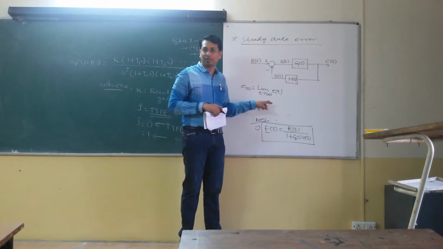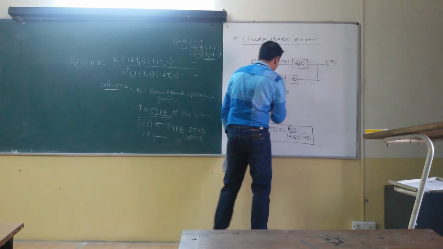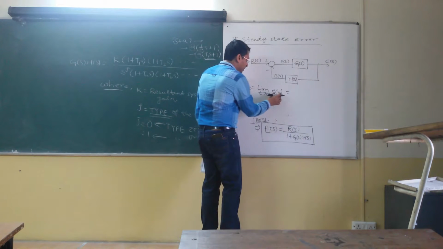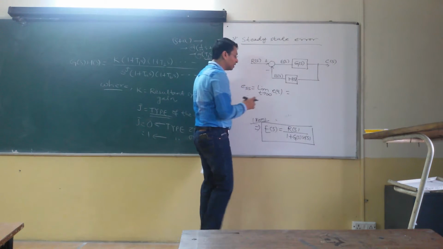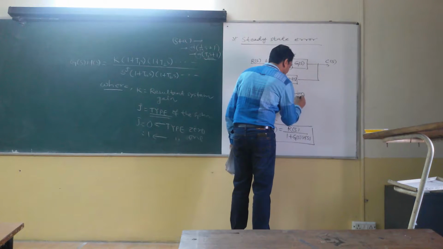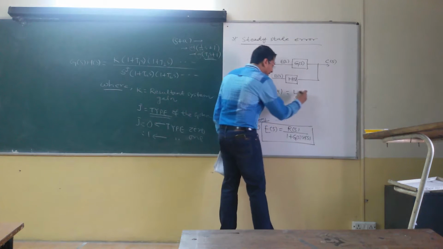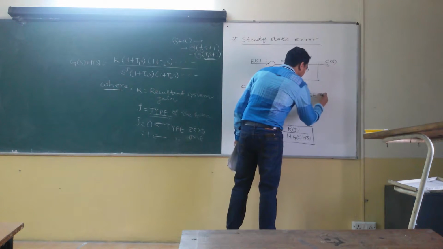So apply the final value theorem of Laplace transform. You will get the limit in the time domain when t tends to infinity becoming the limit in the Laplace domain when s tends to 0 of s multiplied by E(s).